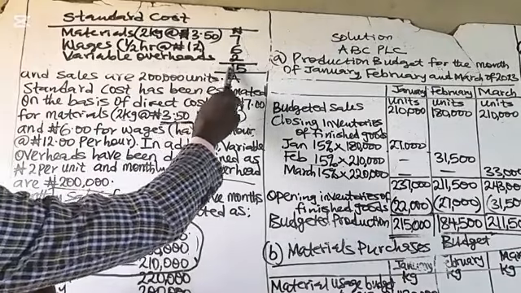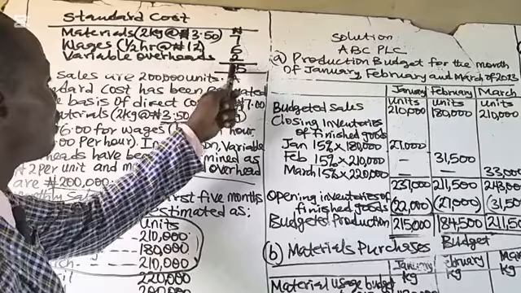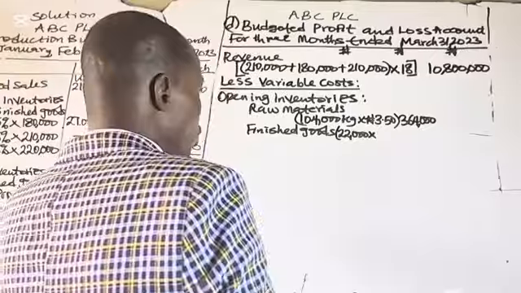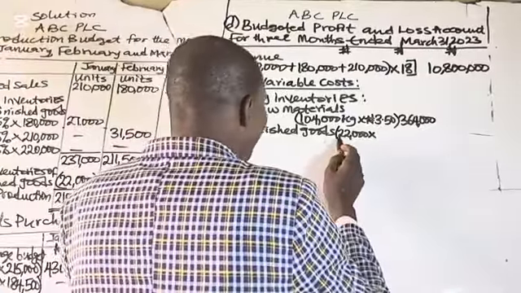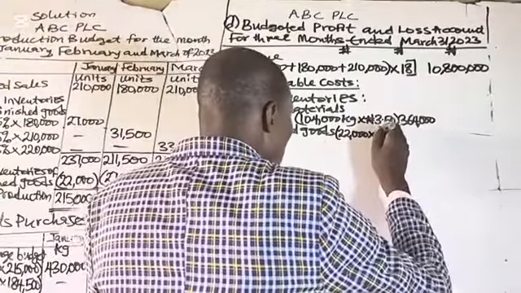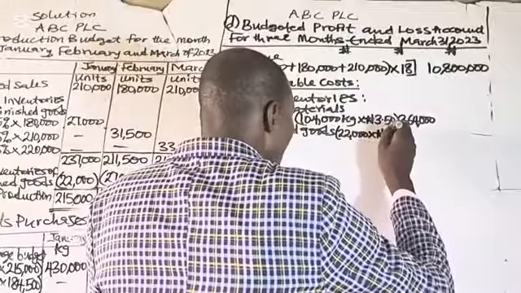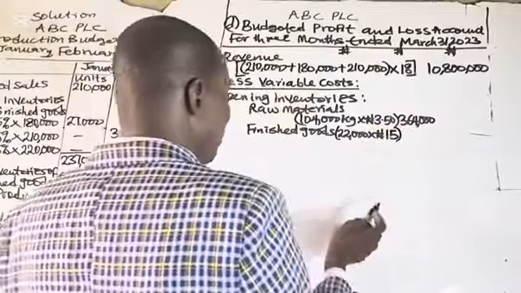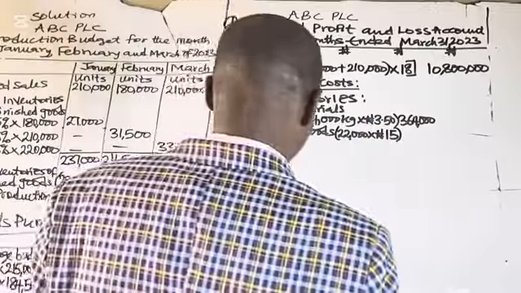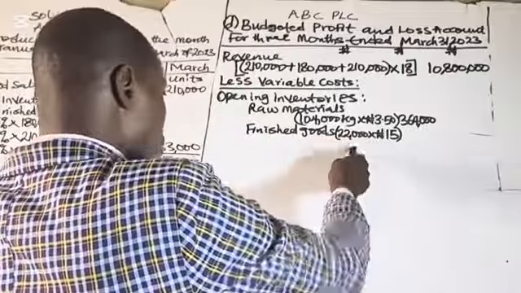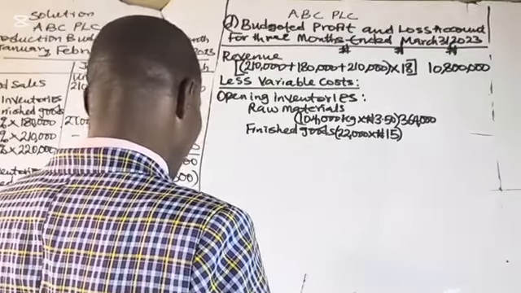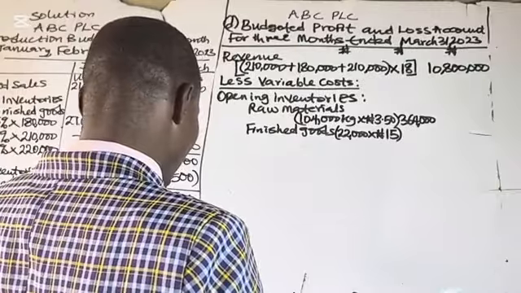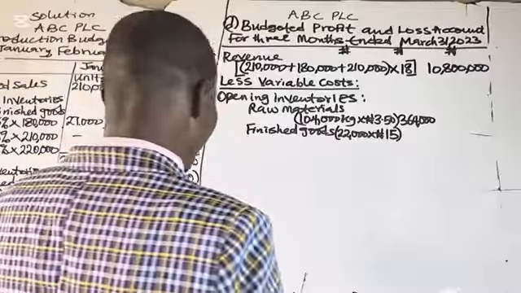So the standard cost now is 15 naira. We will use this 15 naira to value our inventory of finished goods. So we multiply the finished goods in units by the standard marginal costing of 15 naira. This 22,000 units is given in the question as the opening inventory of finished goods. 22,000 times 15 gives us 330,000.